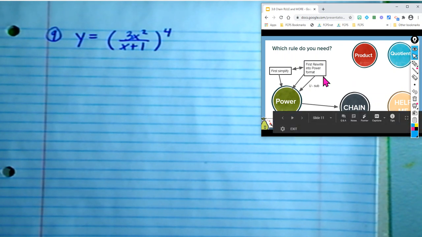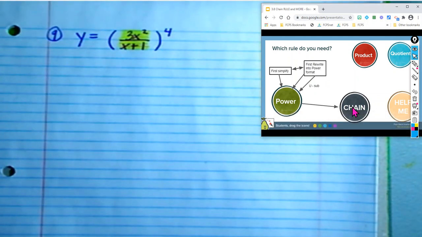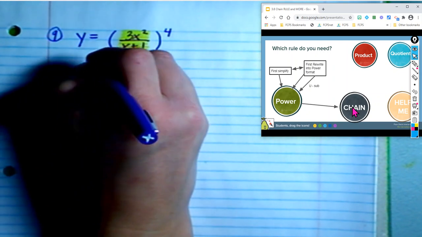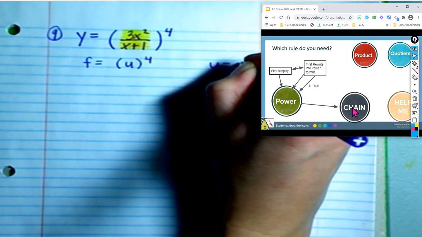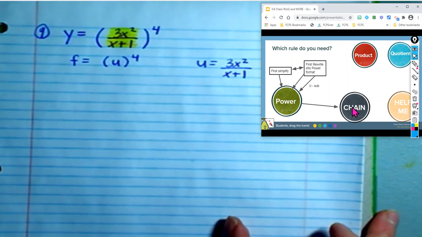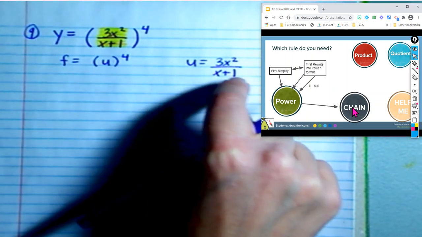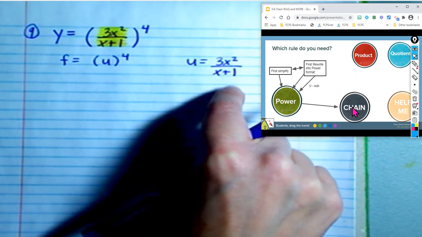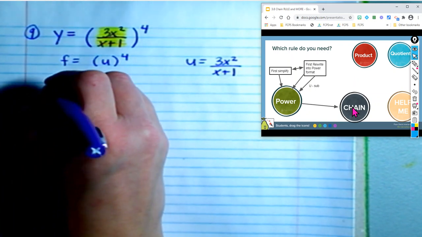If you can see the U sub that creates the chain rule, then you have the chain rule. So I'm going to highlight what appears to be the inside. And notice, okay, f equals u to the 4th, and u equals 3x squared over x plus 1. And I rewrote this so that you can see the substitution. Notice that this is the power, this is the quotient. The derivative of the inside is where the quotient rule happens. So I'm going to do it like this.